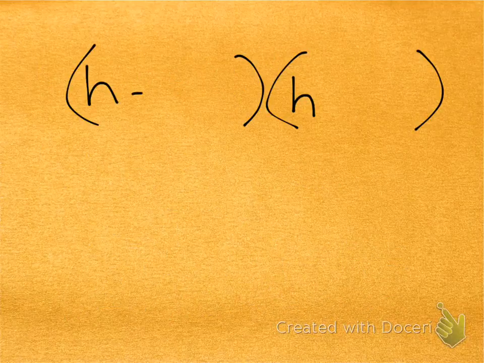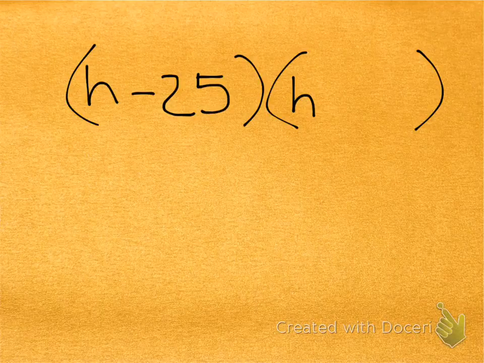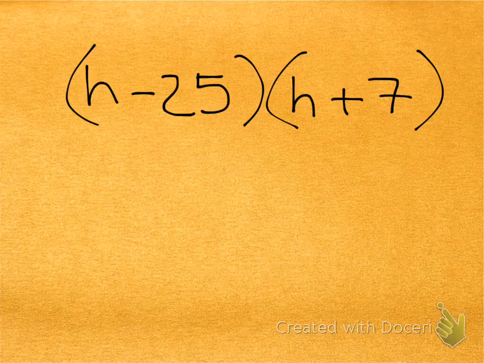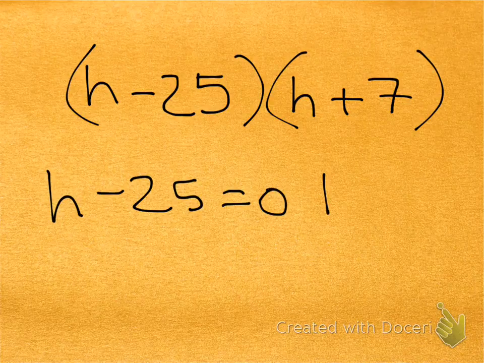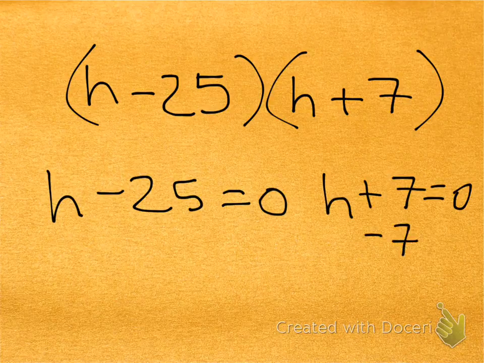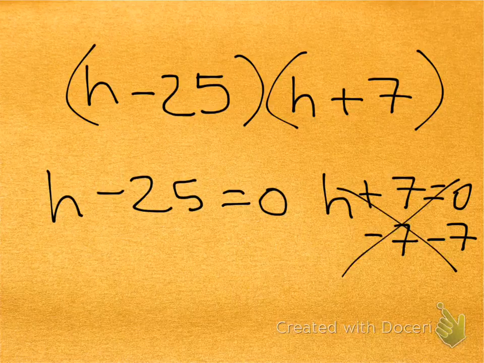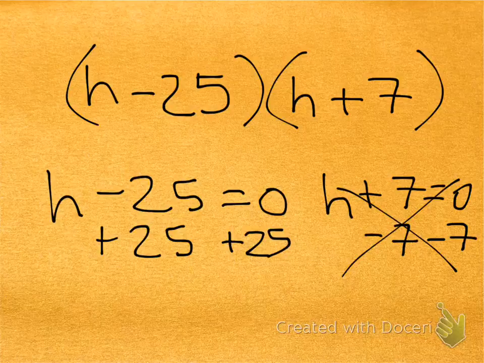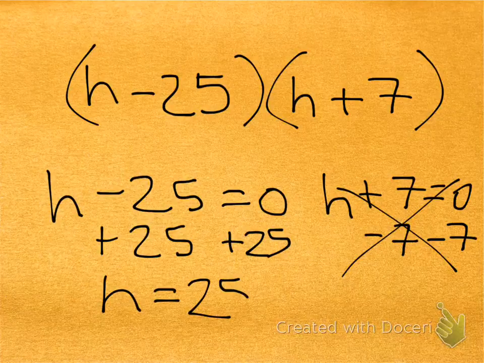So we're going to have to make the 25, the larger number, be negative, and the smaller number be positive. And then we solve for h. Now you can't have a negative number for h, so that solution doesn't make sense, so we're going to use the solution that gives us a positive number. So h would be 25.